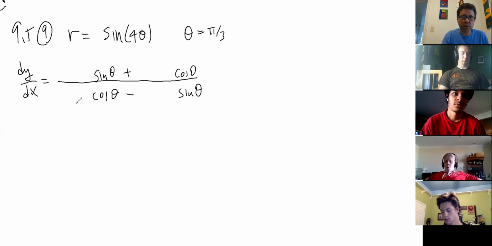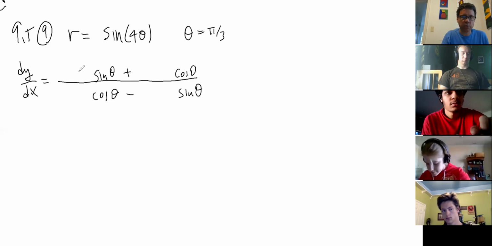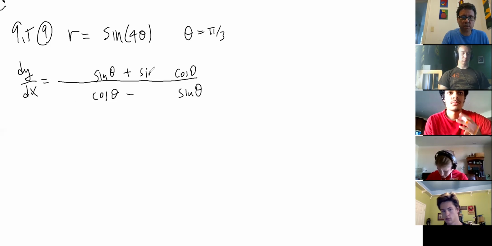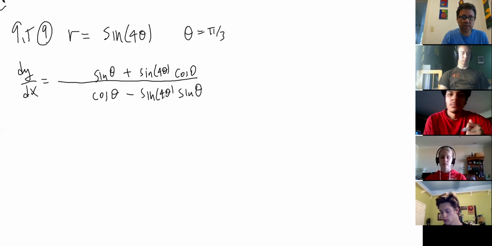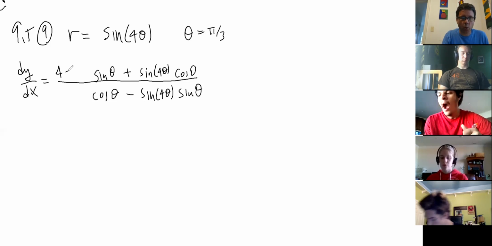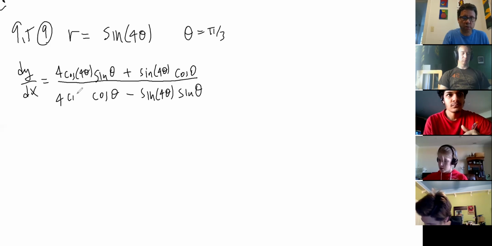And then we fill in the parts where this is the derivative in each place and this is the function in each place. So I get sine of 4 theta there, sine of 4 theta there. And then I take the derivative of this. This will be 4 cosine 4 theta, and this will be 4 cosine 4 theta, like that.